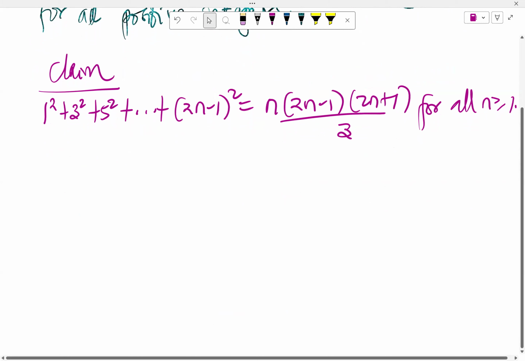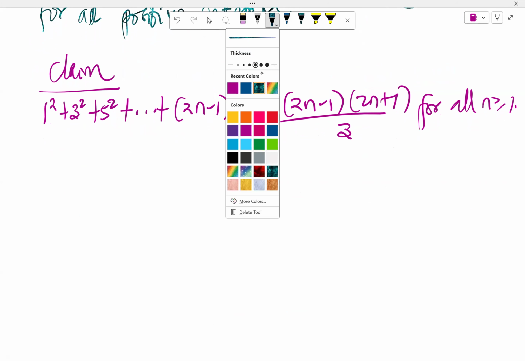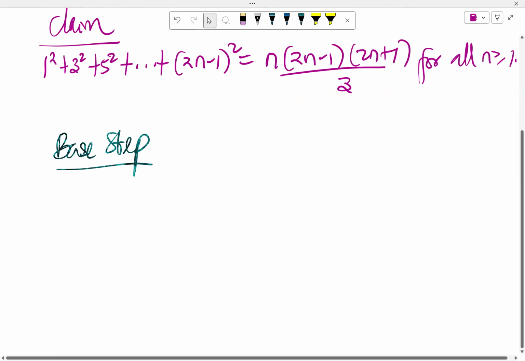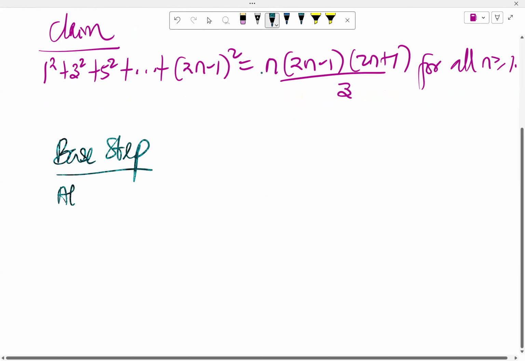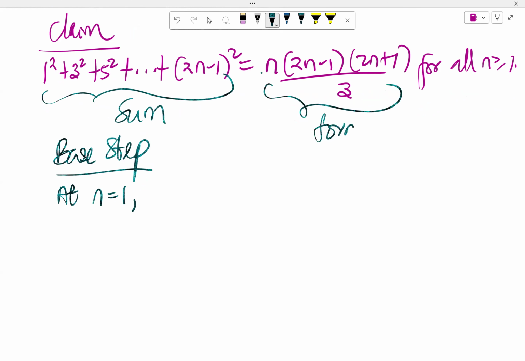Next we move on to the base step. The base step is where you use the smallest possible values, and the smallest possible value for a positive integer is n equals 1. At n equals 1, the left-hand side is a sum, so you sum things up, and the right-hand side is a formula, so you substitute values. The left-hand side is actually 1 squared, which is 1.